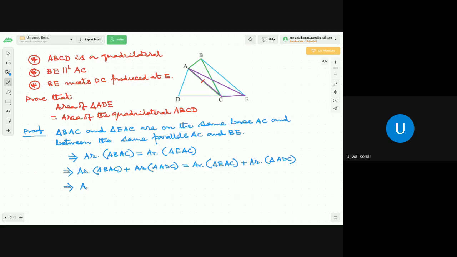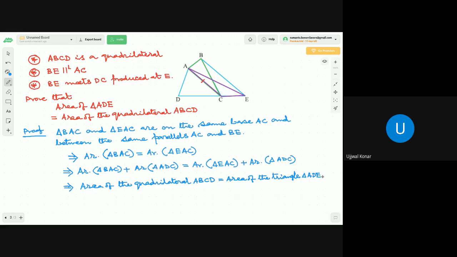So this implies the area of the quadrilateral ABCD is equal to the area of the triangle ADE, correct?